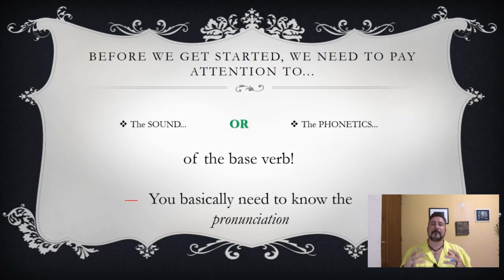Now, when I say the base verb, what do I mean? I'm saying that this is the verb that you're starting with. It's the verb without the to. Okay? It's that verb that I showed you in the previous slide before you add the D or ED. It's crucial to have the correct pronunciation of the word itself, to have the correct pronunciation when you conjugate it.